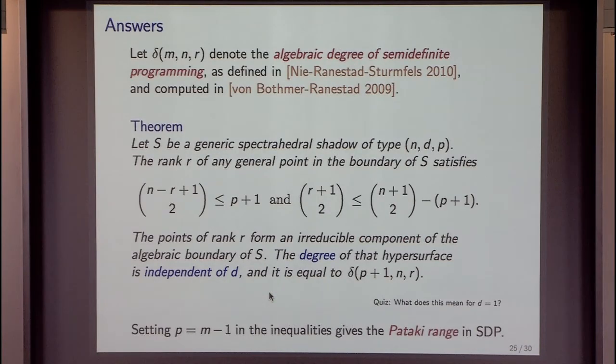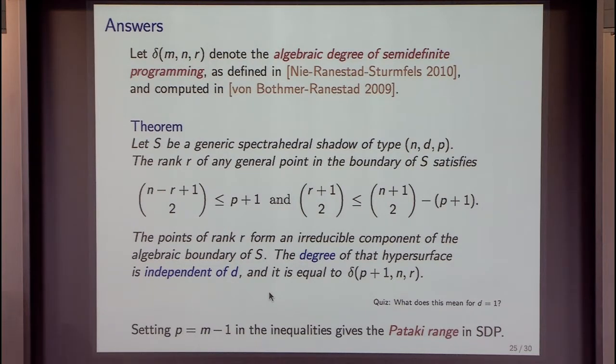Well, here's the answer. There's something called the algebraic degree of semi-definite programming that was studied together with Nie and Ranestad, and then further developed, and an exact formula was given by von Bothmer and Ranestad. I'm not going to define that, but I'm going to define it implicitly.